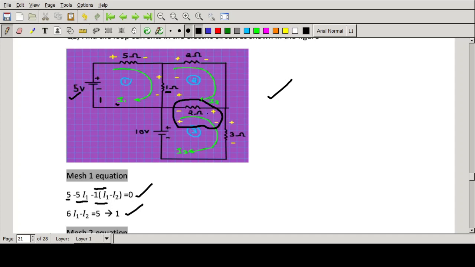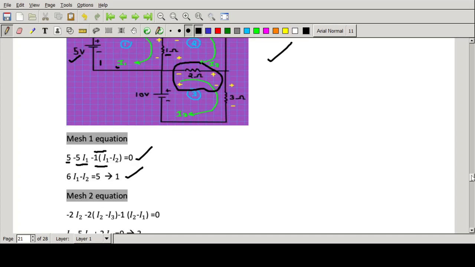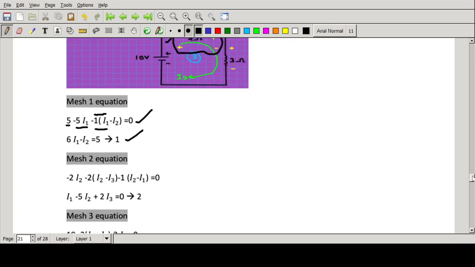One is plus to minus, so that will be minus 2 into I2. Then plus 2 into I3, because the voltage drop in this resistance due to I3, by the direction, is minus to plus. Like that, you can write the equation for mesh 2, so you will get this particular equation.